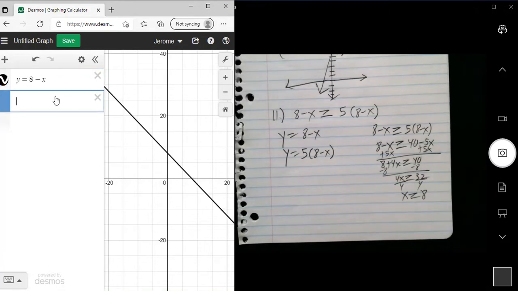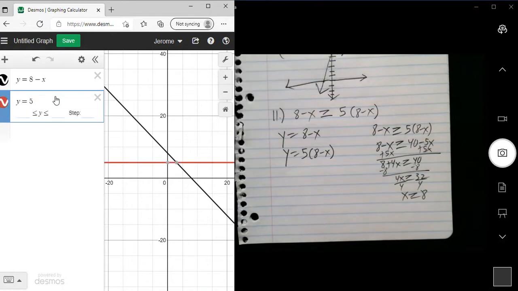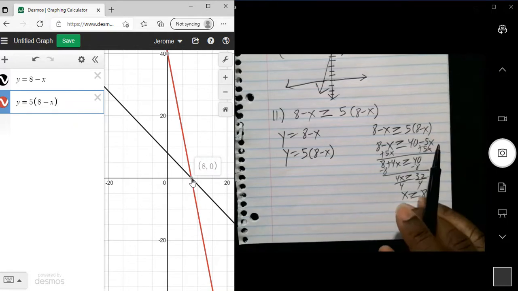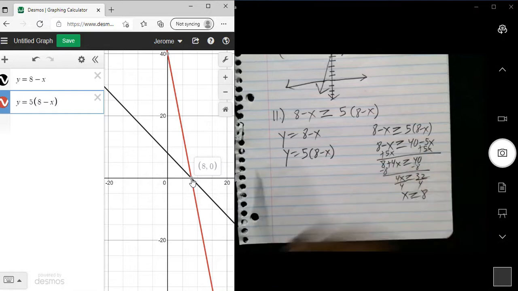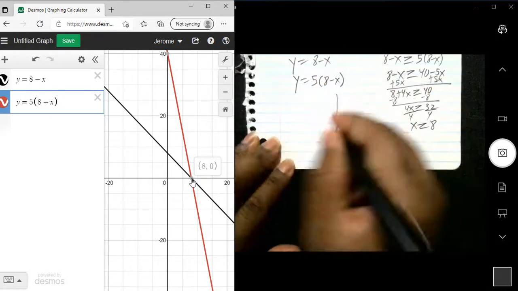And then we have y is equal to 5 parenthesis 8 minus x, and then we will close our parenthesis. Now if we look here, our intersection point is at 8, 0. So basically, we're going to graph this. We're going to do our own little number line here.